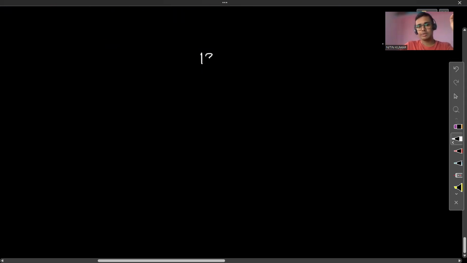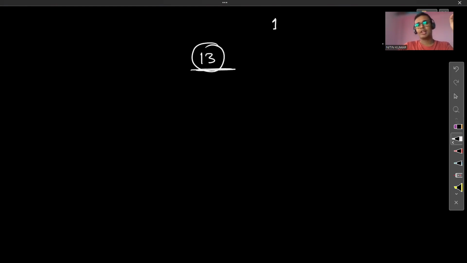So 13 is the number and the values which we are taking are 1, 2 and 3. For all possible approaches, we are taking every value. First we are subtracting 1 square from 13, so the value will become 12.